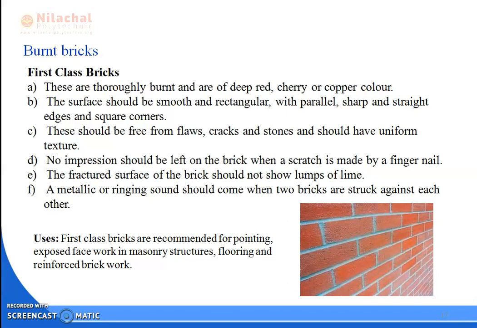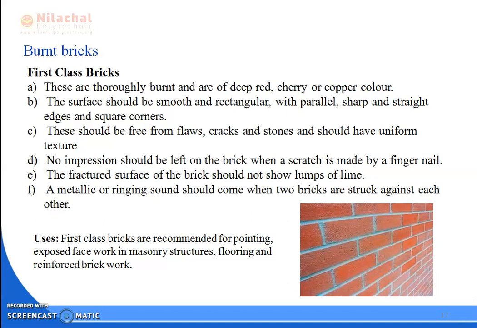No impression should be left on the brick when a scratch is made by a fingernail. If you have seen bricks where a fingernail leaves a scratch, we can say that is not a first class brick. The fractured surface of the brick should not show any lumps of lime.